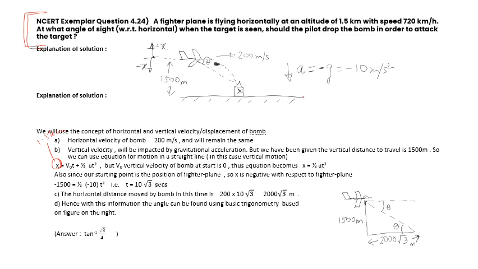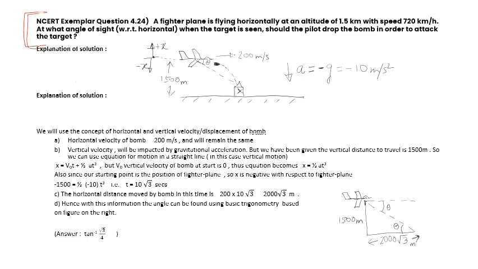We know x is in the vertical direction. It has to travel a distance of 1.5 kilometers to reach the target. Initial velocity in the vertical direction was 0 because the bomb started from zero velocity at the top. However, its speed will go on increasing because of acceleration, which is gravity. So let's use this formula to find the time it takes for the bomb to reach the ground.